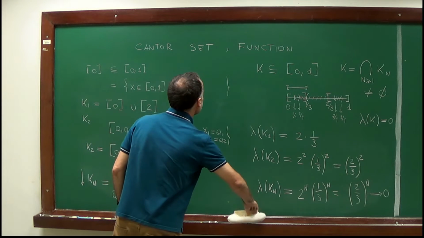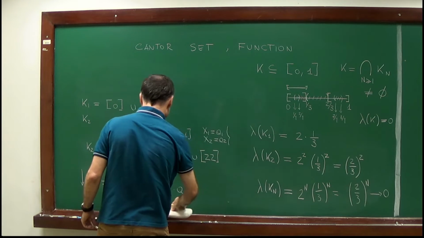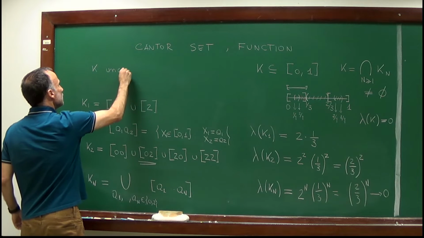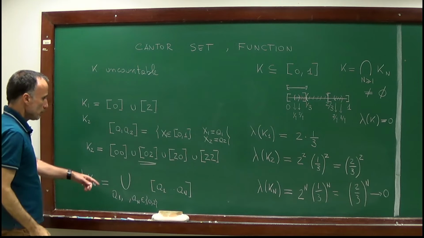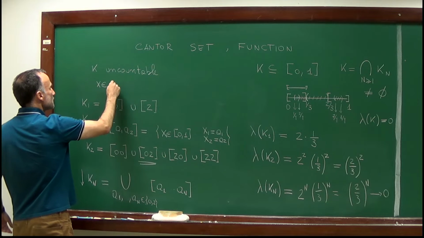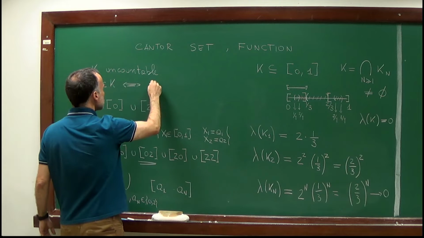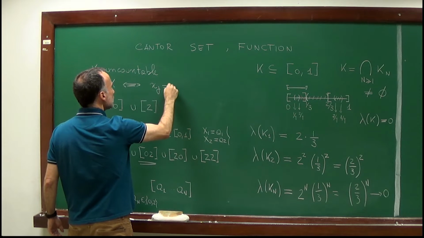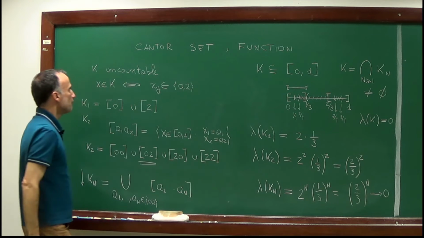And now let me show that K is uncountable. Well, if you take a point x, what I claim is that x belongs to K if and only if x has a representation in which xj is equal to either 0 or 2.